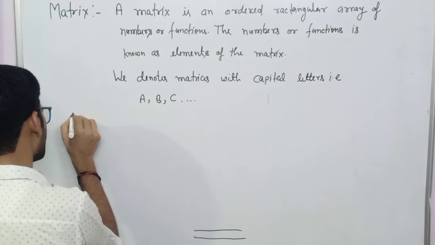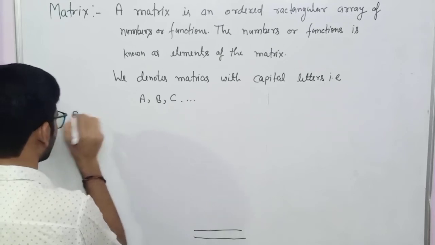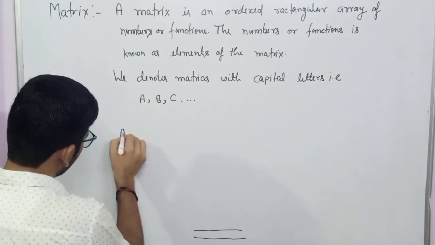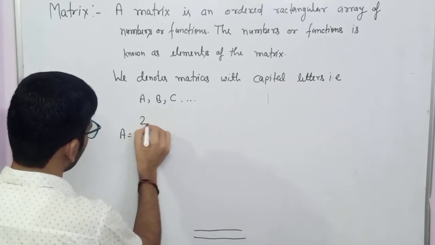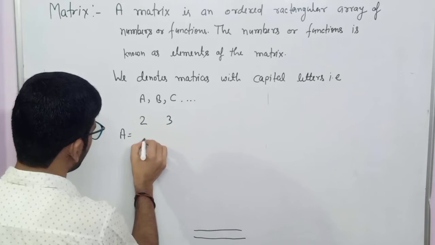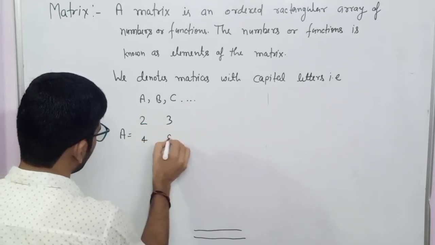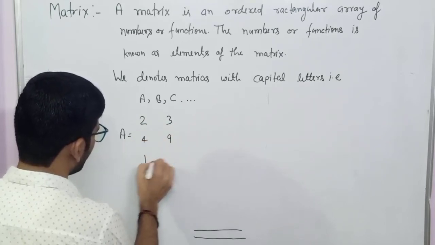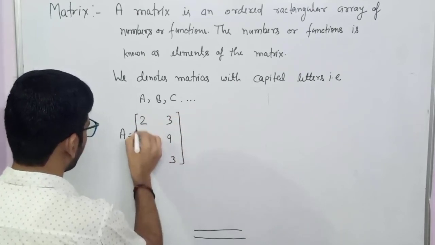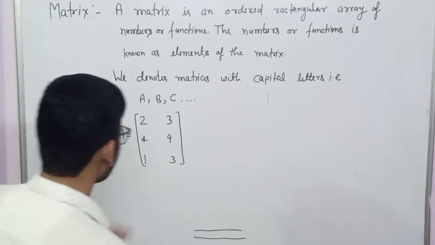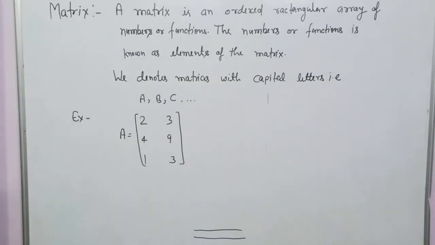We write here some examples. A equal to, here we want to write a matrix: 2 3 4 9 1 3. This is a matrix.